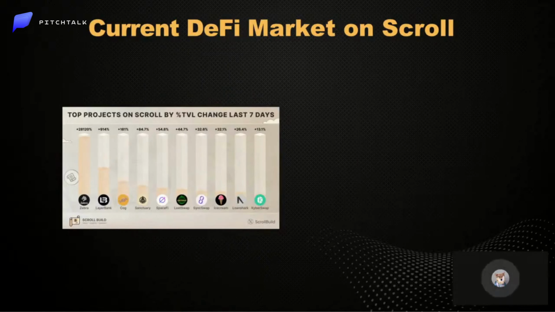You can see we are currently one of the top projects on Scroll right now. Unfortunately, there's another press release by the Scroll team, but they haven't posted it today yet. If you have interest, you can see it later today.